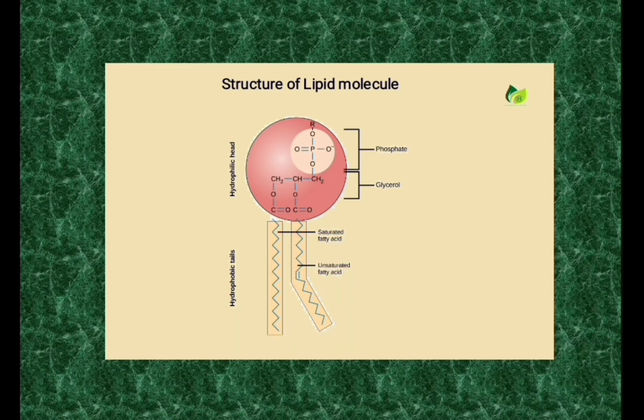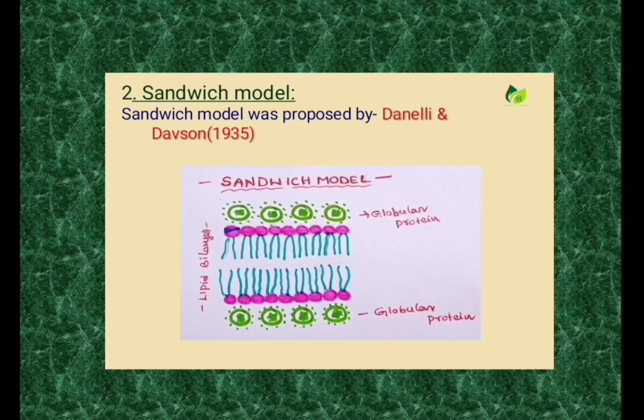Now going to the second model. This is called the sandwich model. The sandwich model was proposed by Danielli and Davson in the year 1935. You can see the picture. This model is also called the bimolecular leaflet model.